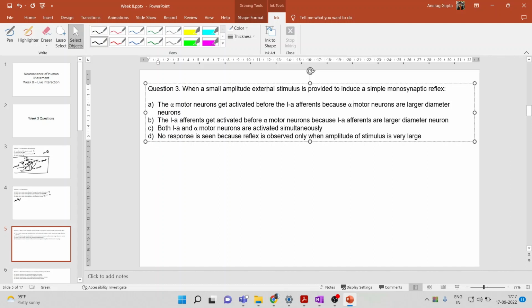When a small amplitude external stimulus is provided to induce a simple monosynaptic reflex, the alpha motor neurons get activated before the 1A afferents because alpha motor neurons are large diameter neurons. The 1A afferents get activated before alpha motor neurons because the 1A afferents are large diameter neurons. Both 1A and alpha motor neurons are activated simultaneously. No response is seen because reflex is observed only when amplitude of stimulus is very large.